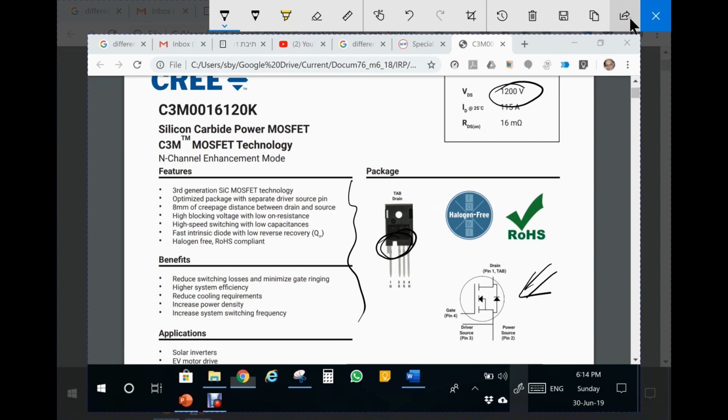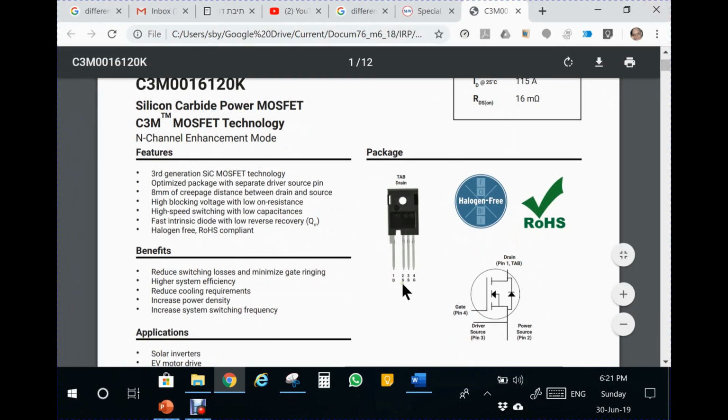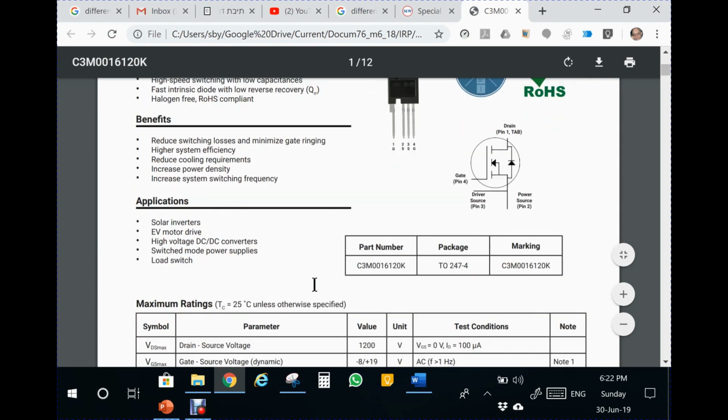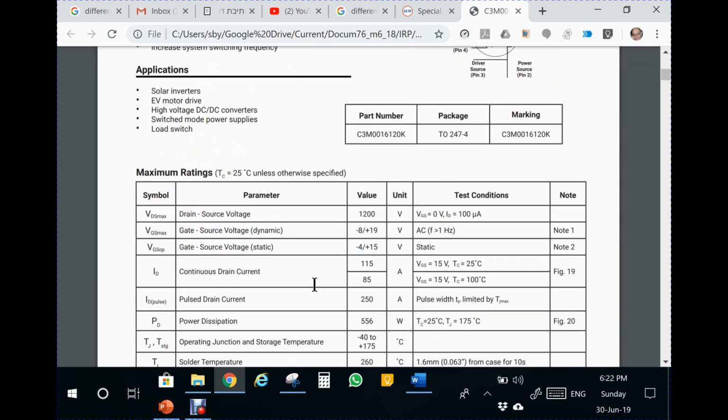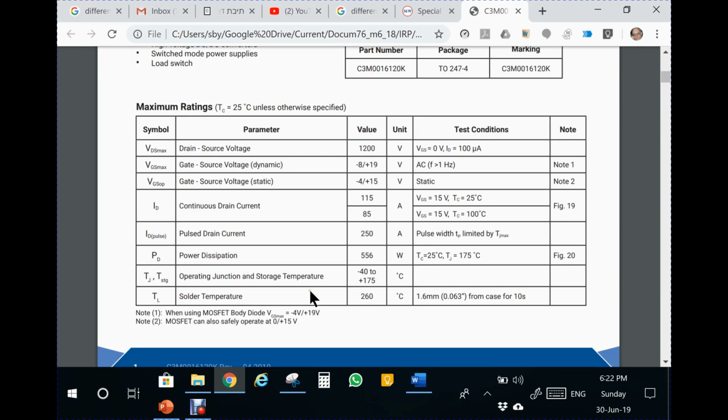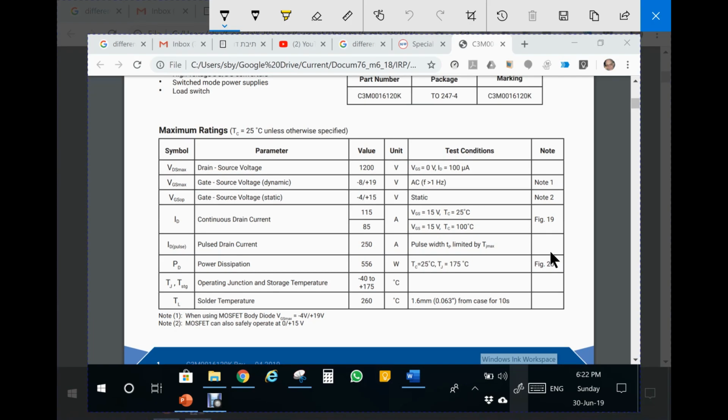So let me go back now to the data sheet itself. Okay, so we have this data sheet, and now we come to the maximum rating. Maximum rating, again, is not the operating point, it is the maximum allowable values of various parameters. For example, the drain to source voltage should not be higher than 1200 volt.